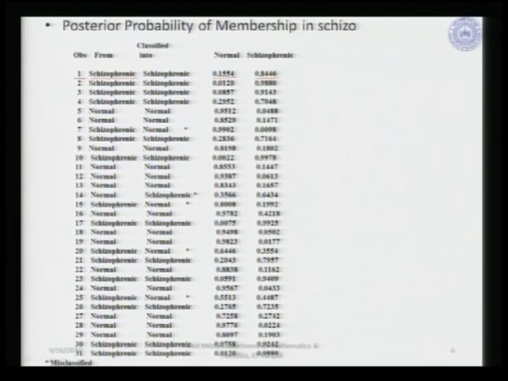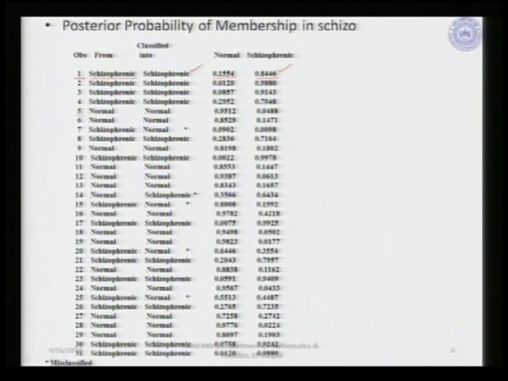So, we see that this posterior probability is higher, and hence this observation is classified correctly into the schizophrenic class here. Same is the interpretation for each record, each row of the records here.